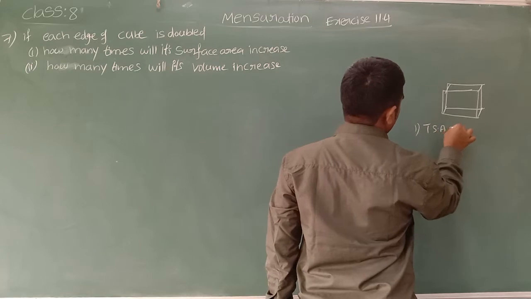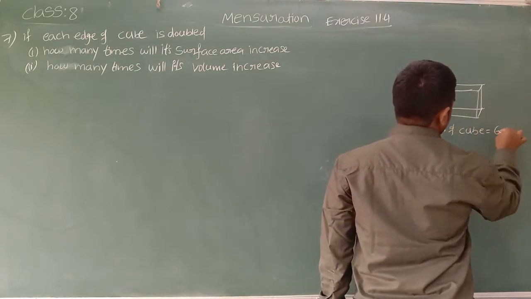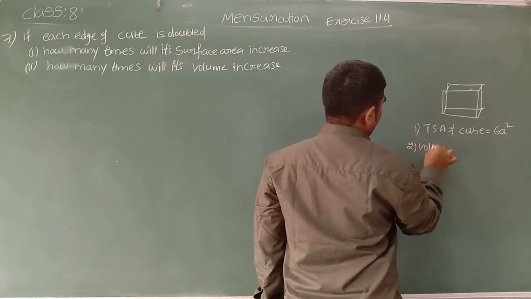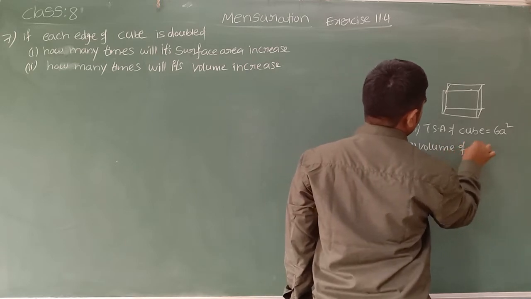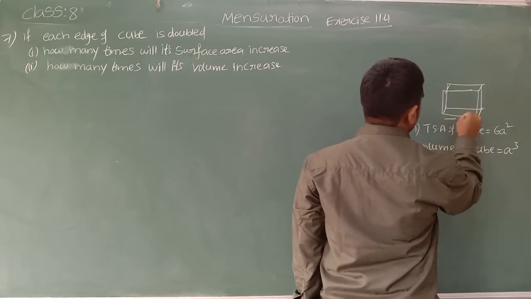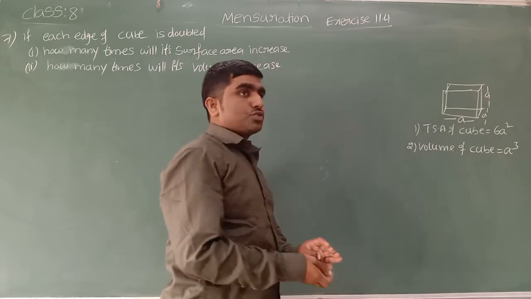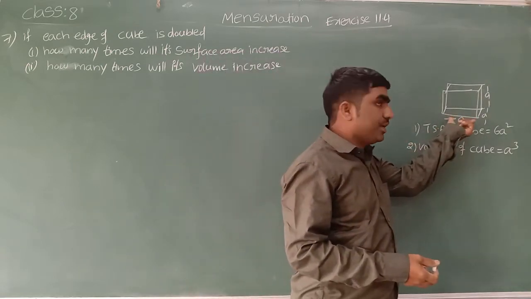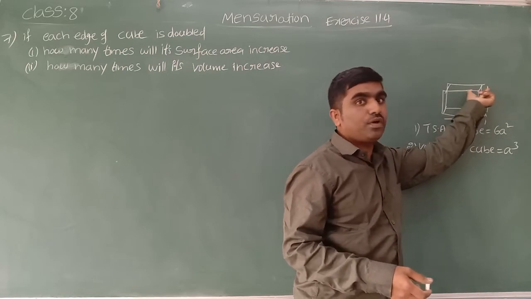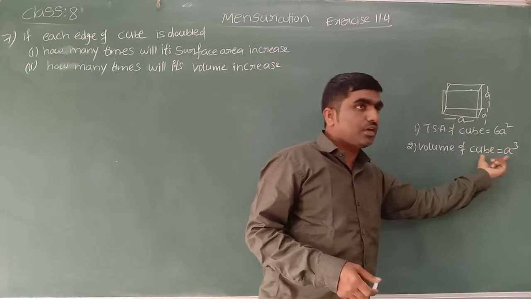So generally we know the TSA of a cube is equal to 6 faces, 6a square. And also we know that volume of a cube is equal to a cube. When the side of a cube is a units, I mean length, breadth, height, all 3 dimensions are equal, then its TSA is 6a square and volume is a cube.